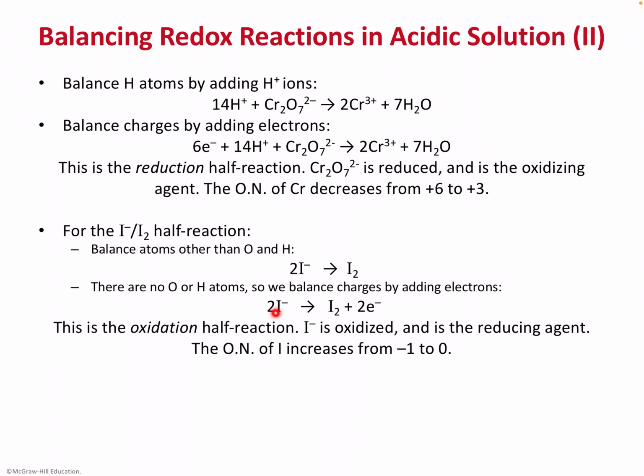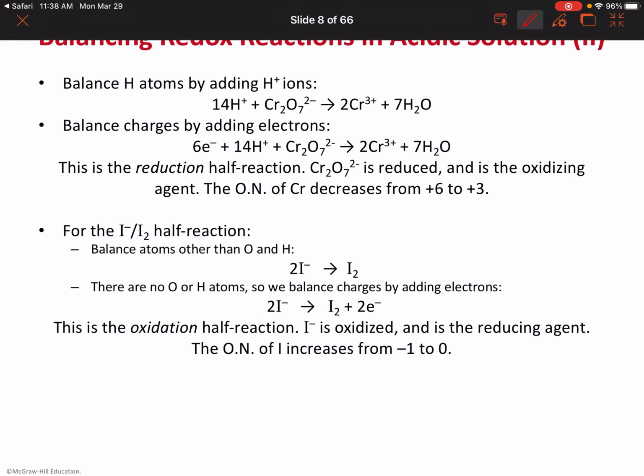Then we look at the charge. 2 I minus means on your reactant side the charge is -2. Iodine by itself is 0. From -2 to 0, what happened to the number? The oxidation number increased, right? If the oxidation number increased, it is an oxidation. How do you go from -2 to 0? By losing 2 electrons. Since it's a loss, the 2 electrons go to the product side.